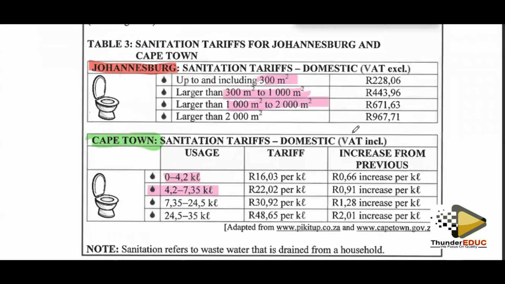So let's come here and we see Johannesburg. Remember, it says it looks at area up to and including 300 meters squared. You pay 428 rands.